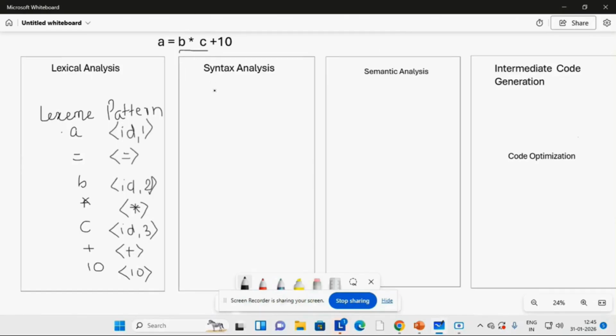Then we go to syntax analysis. Syntax analysis is responsible for creating a syntax tree based on how the expression will be evaluated. So B into C will be evaluated first. Hence we create a tree for the B into C operation. So B becomes my child, C becomes my child, and star will be the root of the tree which is created.